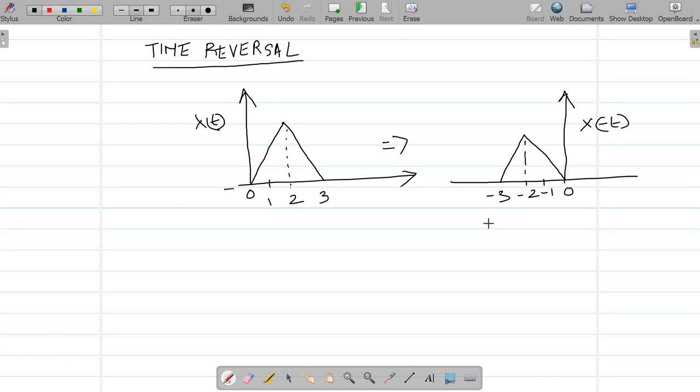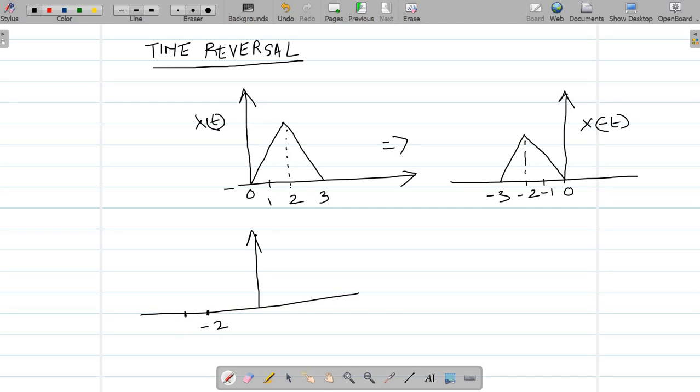If I have done the time reversal operation, and suppose I want to advance it by 2 units, advance in the sense I have to shift the signal in the negative direction. So if I shift the signal in the negative direction, the signal will become like this.